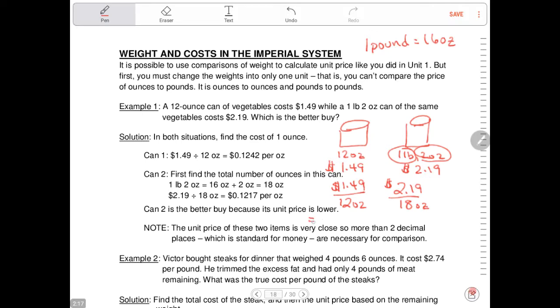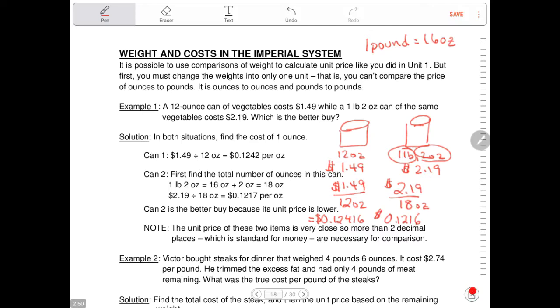To figure out the unit price, let's figure out how much it is for 1 ounce. So on the left, you'd go 1.49 and divide that by 12. That's going to give you a value, in dollars, of 0.12416. And if we do this now, $2.19 divided by 18 is 0.1216, and so on from there.